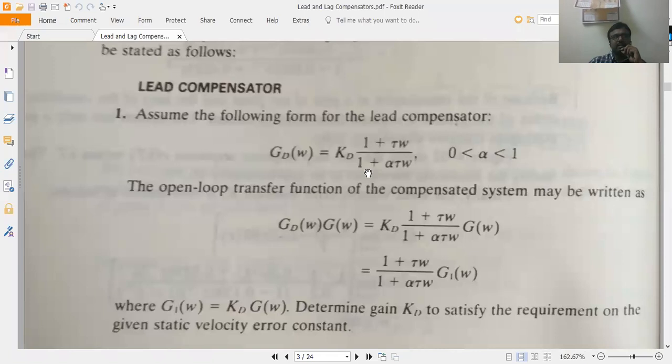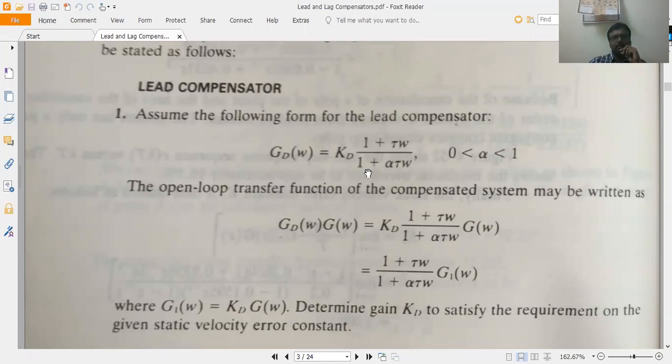Let us consider this particular GD of omega, or W, is equal to KD into 1 plus PW divided by 1 plus alpha into PW, where alpha should be greater than 0 and less than 1. That means the alpha value should lie between 0 and 1.